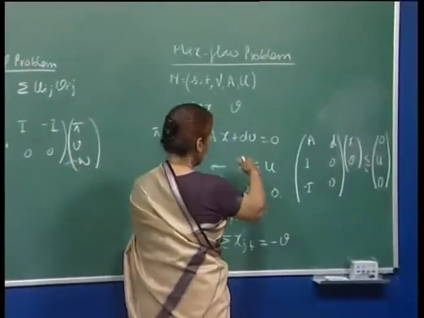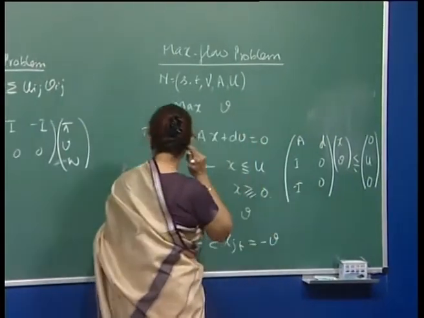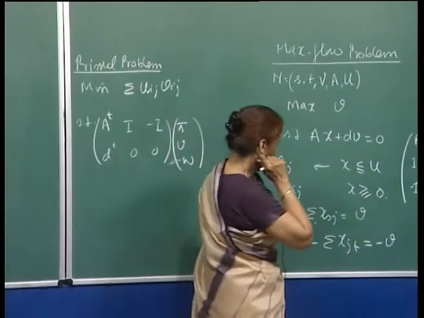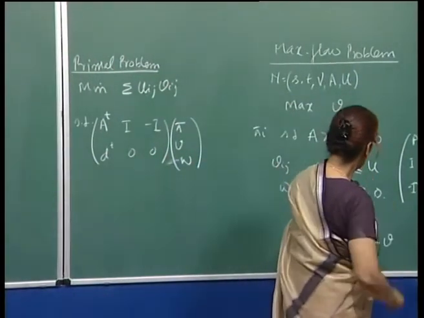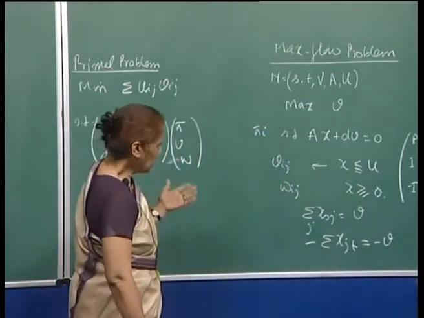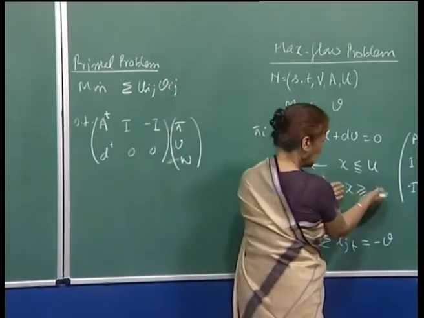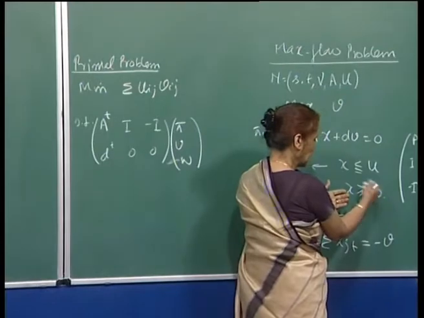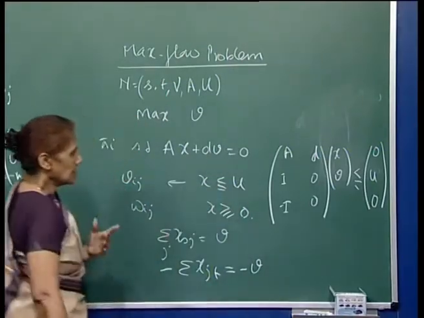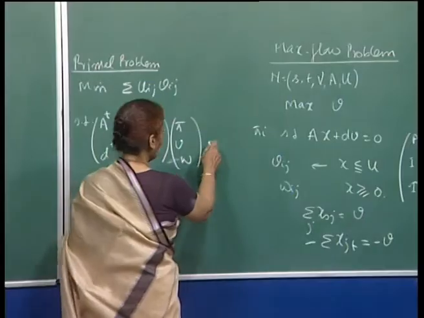Because the constraints are of the less than kind, what will you have? Now here I don't have any constraints on the sign of the variables, because I am treating these as explicit constraints. So minus x less than or equal to 0. So v and x both, the signs are not specified, so therefore this will become 0.